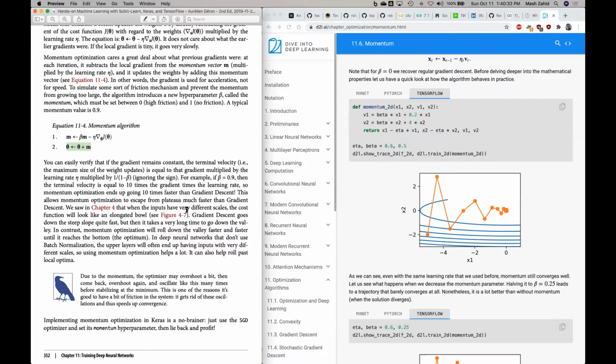Well, momentum, intuitively, if you think of what it is, let's say you're going in the direction down the slope and you're heading towards the minimum of the loss function. What momentum is basically saying is that if you're going in the correct direction, use 0.99 of my last value and use just 0.1 of my current updated value. So you're mainly using your previous accumulated values to move in this direction.